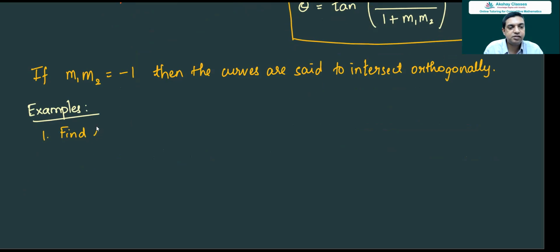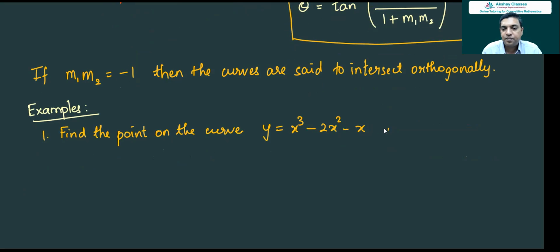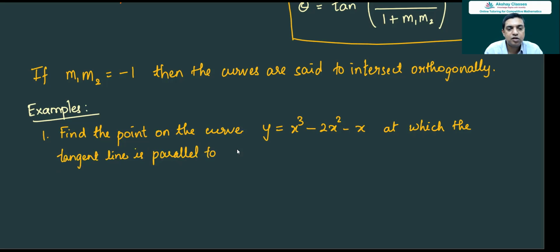Find the point on the curve y is equal to x cube minus 2x square minus x, at which the tangent line is parallel to the line y is equal to 3x minus 2.